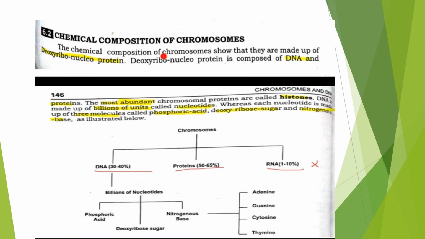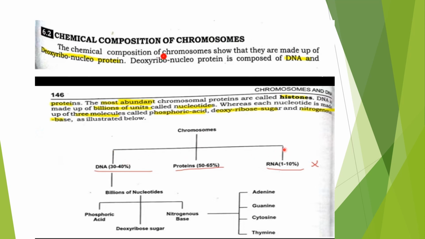Chemical composition of chromosomes. A chromosome is made up of two things. The first is DNA and the second is proteins. The most abundant protein present in chromosomes is histone protein. Here you see that a chromosome is made up of DNA and proteins.